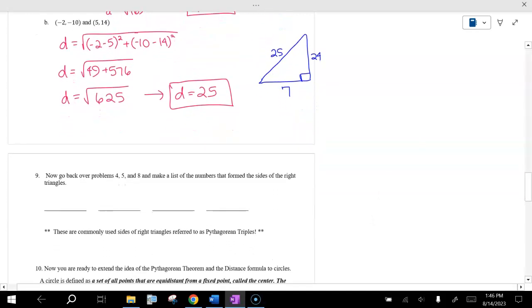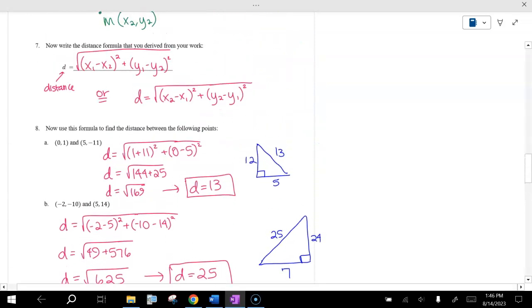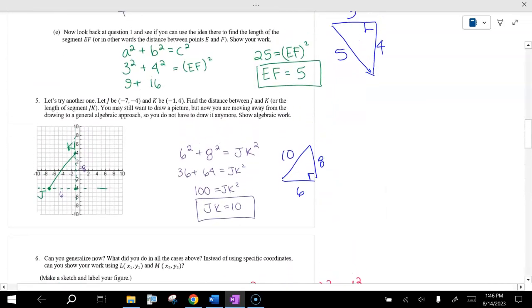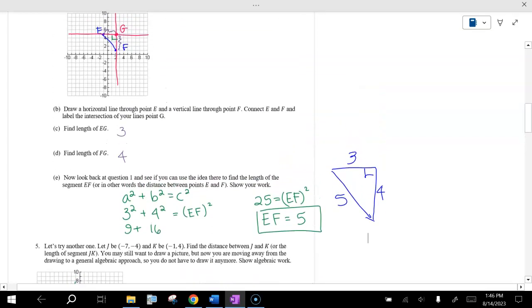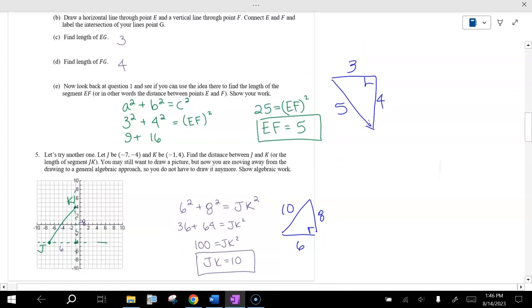And now when we move on to number 9, it wants you to go back to numbers 4, 5, and 8 and see what the sides of the triangles are. And you can notice that I put these in blue. So I really just drew the triangles that we were using and put the lengths of each side. Here we had 3, 4, and 5.